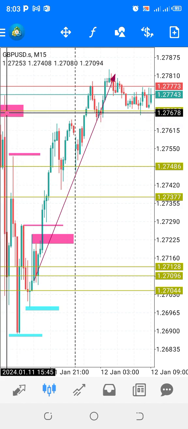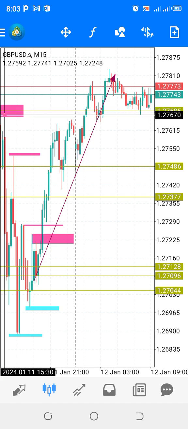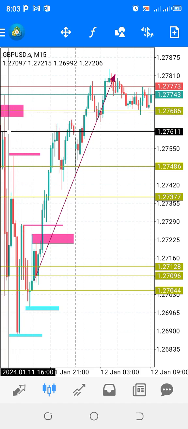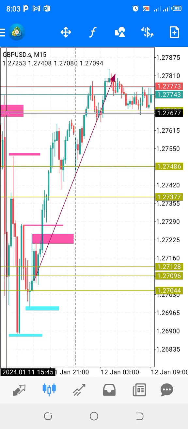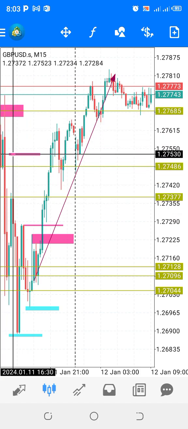It went up to retest the first or the last high that was set there. And since this candle did not break that high, what happened? If there was an order block set there, it activated those orders and brought them down. That was the news effect.